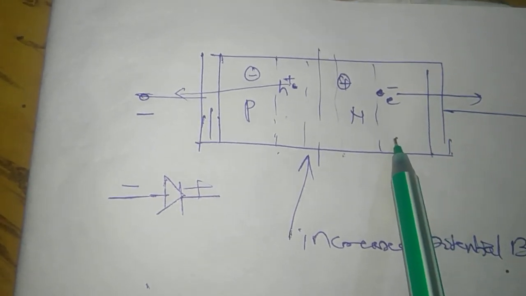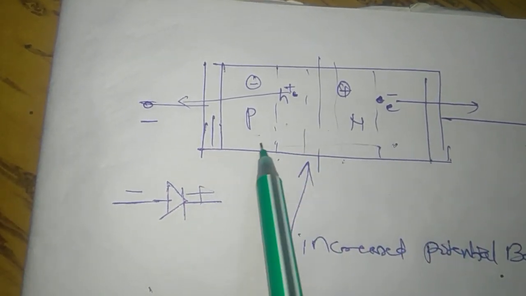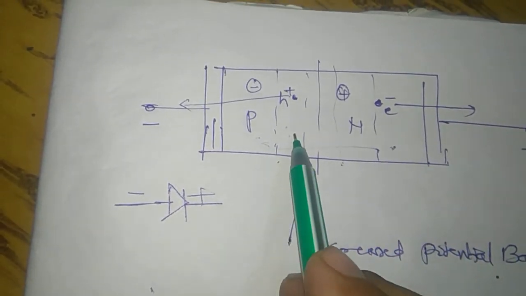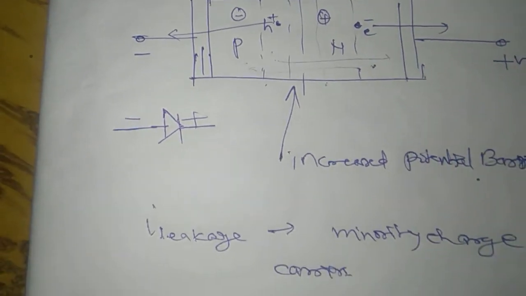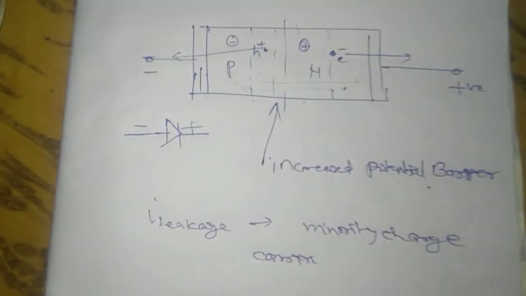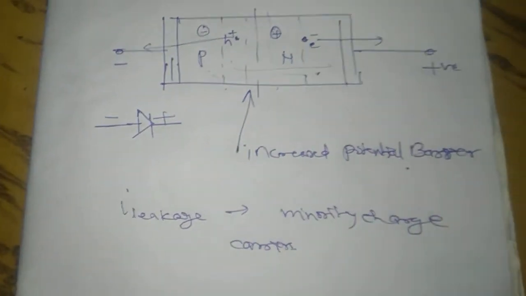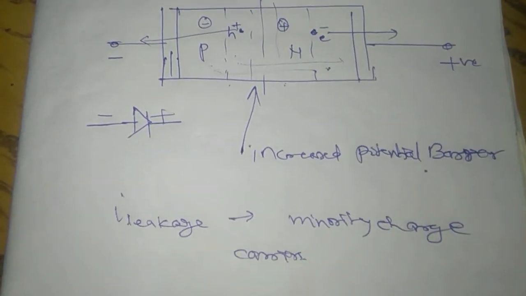So these holes will travel in this direction and these electrons will travel in this direction. These are minority charge carriers. I have thus illustrated the processing of the PN junction in forward and reverse bias.